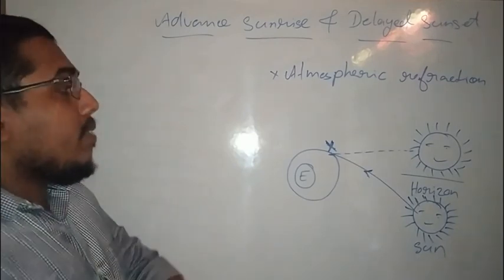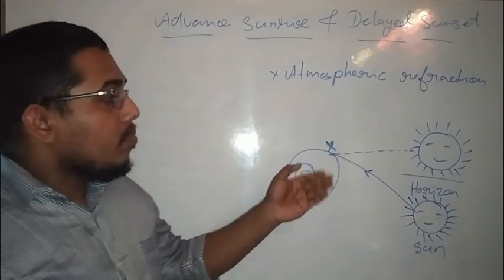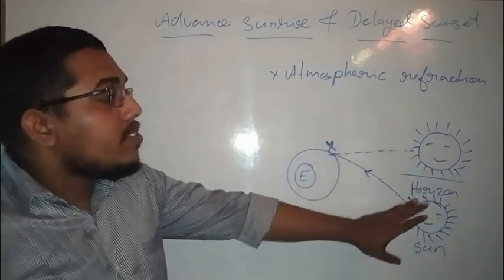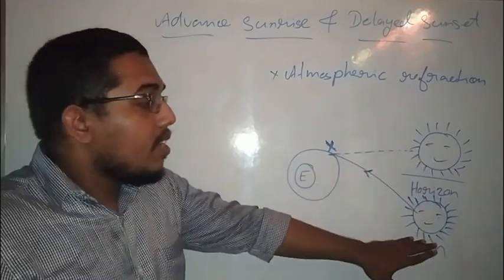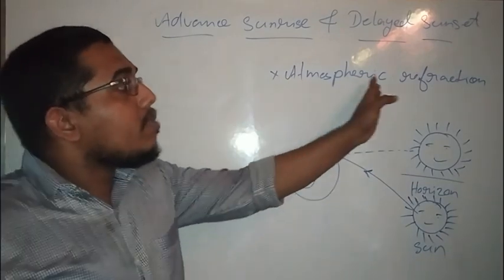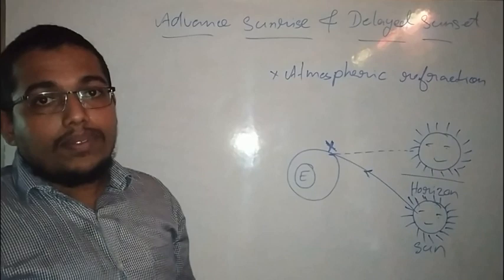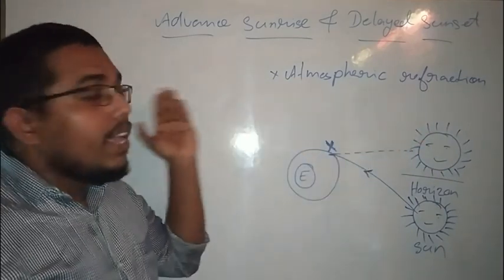Clear? Once again I will say, we can see the sun 2 minutes before the actual sunrise and 2 minutes after the actual sunset. It is because of the phenomenon atmospheric refraction. Okay, we know that the atmosphere consists of different air layers.